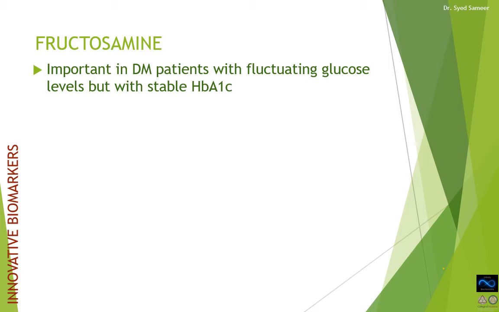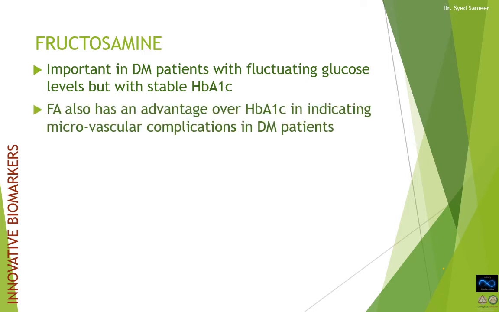So we can utilize fructosamine over a period of 1 week only and be able to tell whether the glucose is fluctuating or not and whether there is good glycemic control or not. Secondly, in the same patients, it can tell us about the microvascular complications as well, which is not a function of the HbA1c. This is a limitation of HbA1c also.